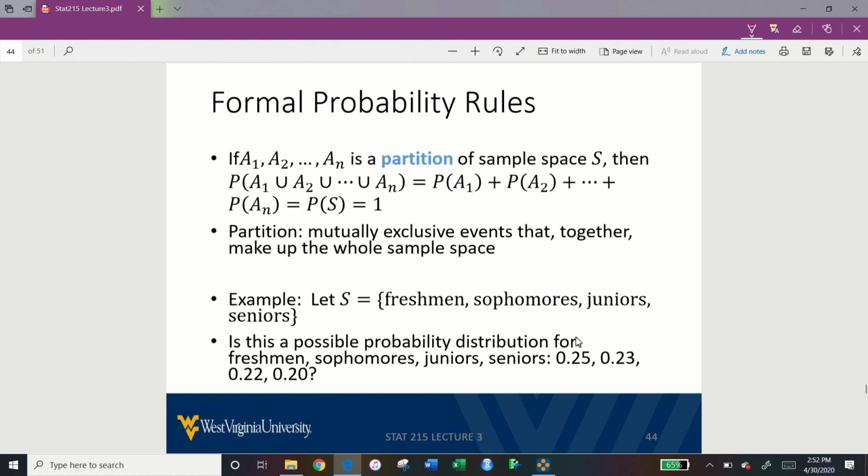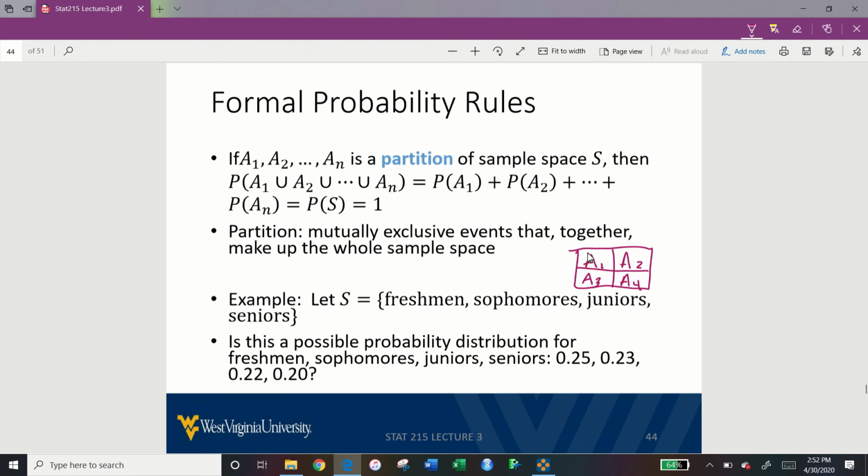Just to show what this might look like visually, if I draw a box and I partition it into 4 parts and say this is A1, A2, A3, A4, together the whole sample space is S, and we know that the probability of S equals 1.